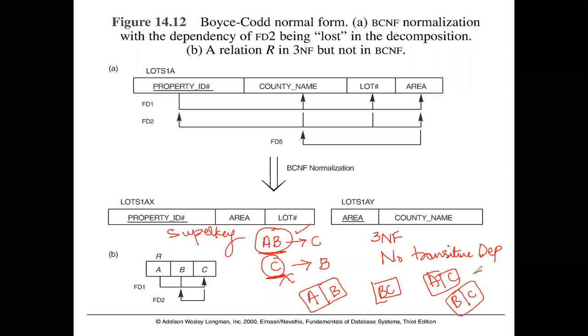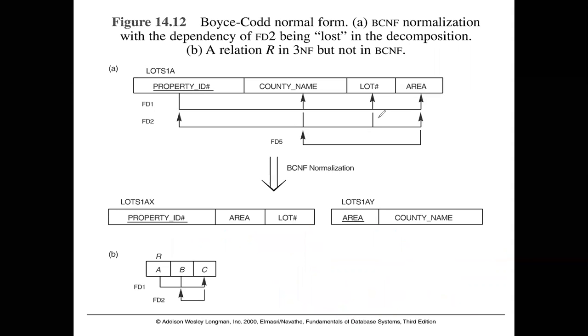So in this way also we can decompose it. So this can be decomposed in two ways. With this, we can differentiate between BCNF and 3NF.